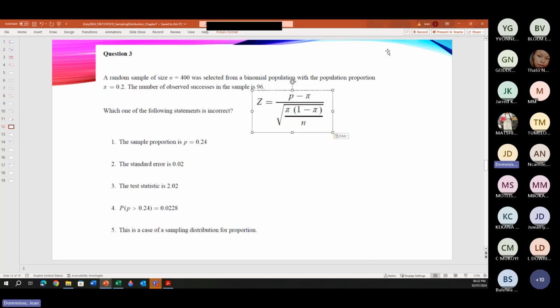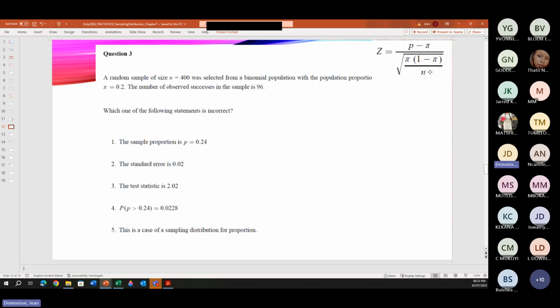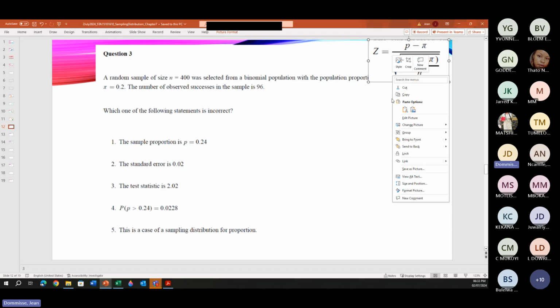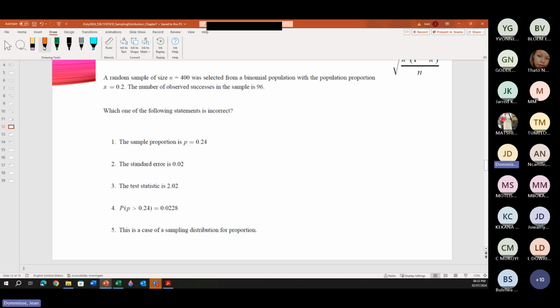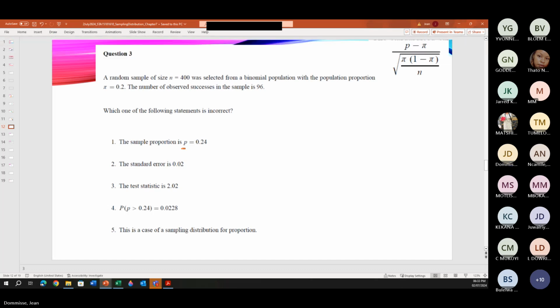So let's see what things they ask us in this one. They're talking about the sample proportion that you need to work out. They talk about the standard error, that component. Then they talk about the test statistic, the Z that we need to work out.